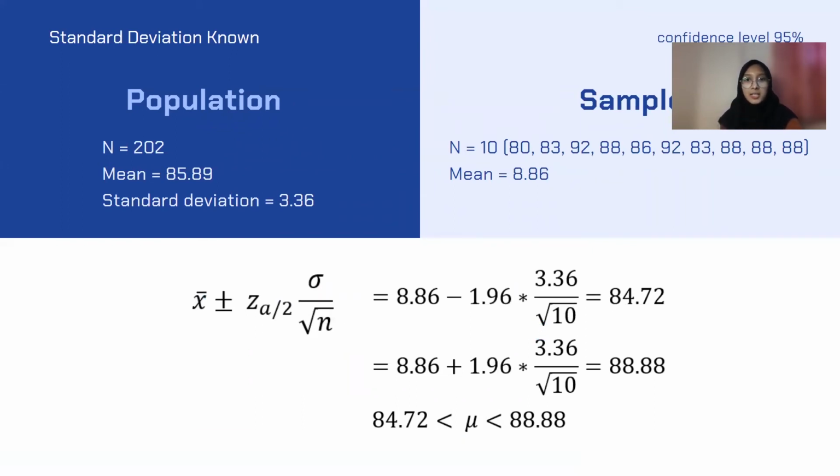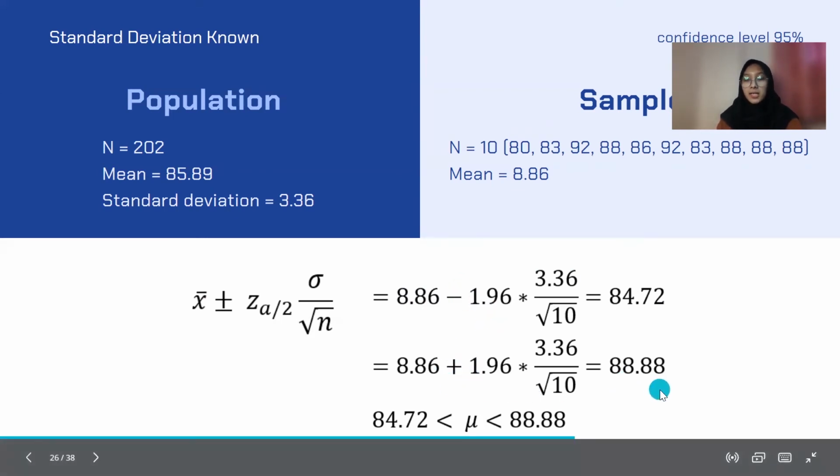N here is the number of sample data, so we substitute 10 here. After that, we find the lower bound limit. We use the same formula but change the subtraction into addition, and we will find the upper bound limit.